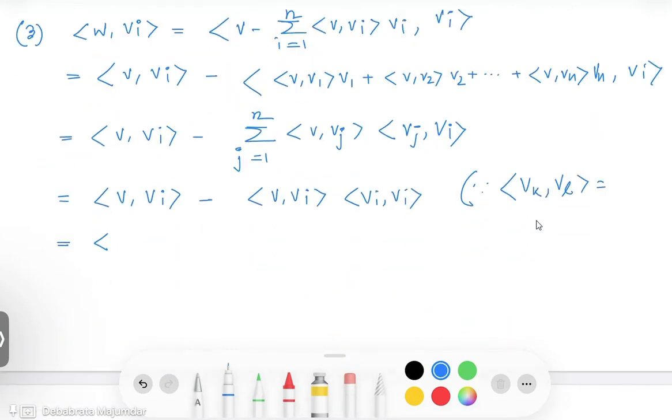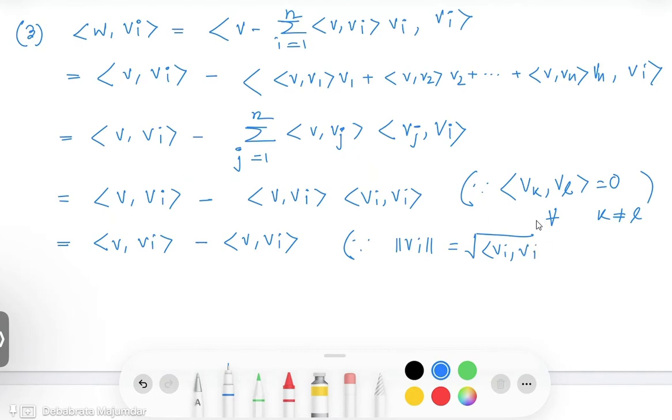Tell me. What is the meaning of norm? Root over ⟨vi, vi⟩. So it means the inner product will be one also, right? So this is zero.